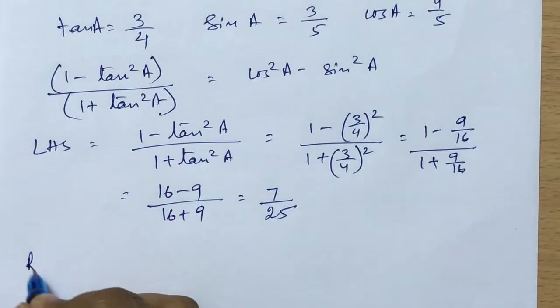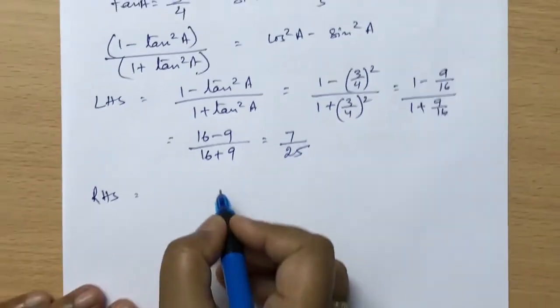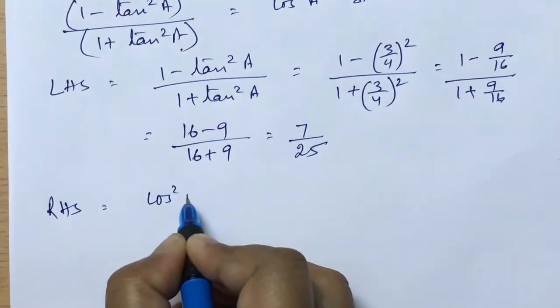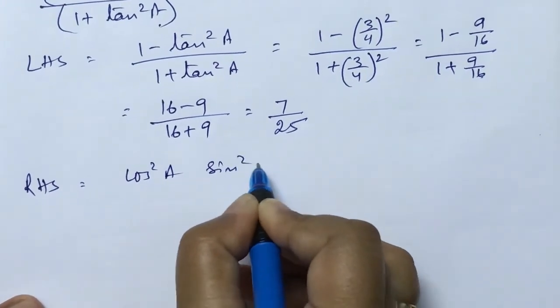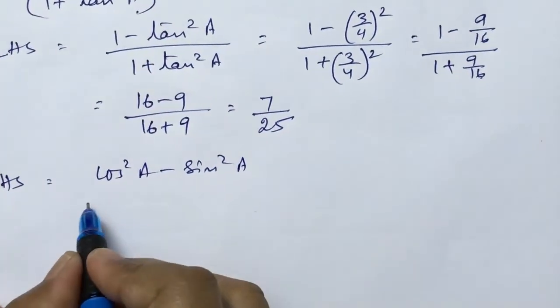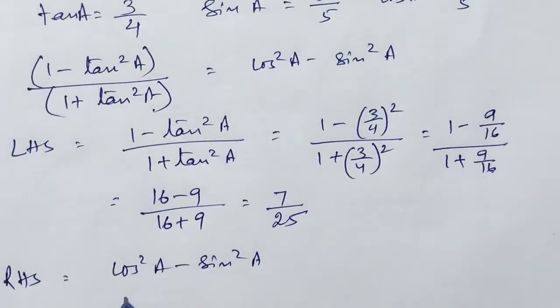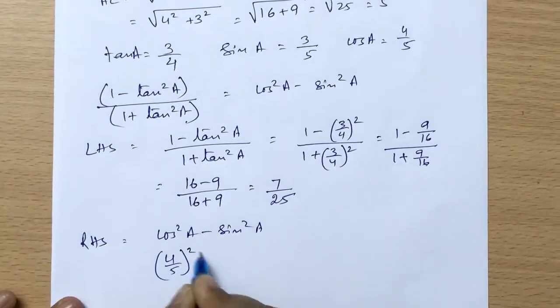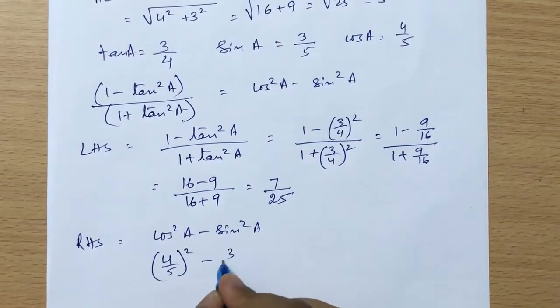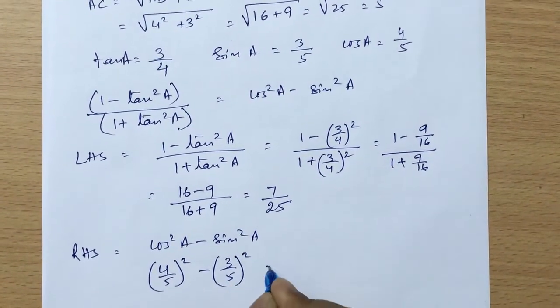Now let us go to the RHS. RHS. Cos square A minus sin square A. What is cos square A? Cos value you have found out 4 by 5. So 4 by 5 whole square minus sin is 3 by 5 whole square.